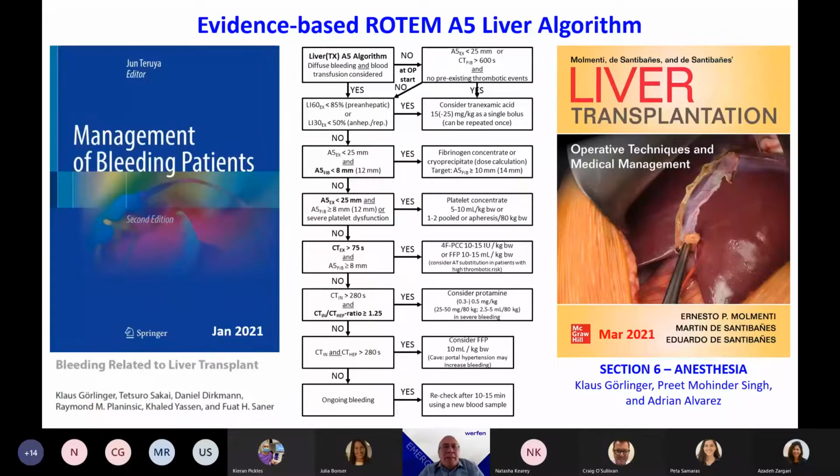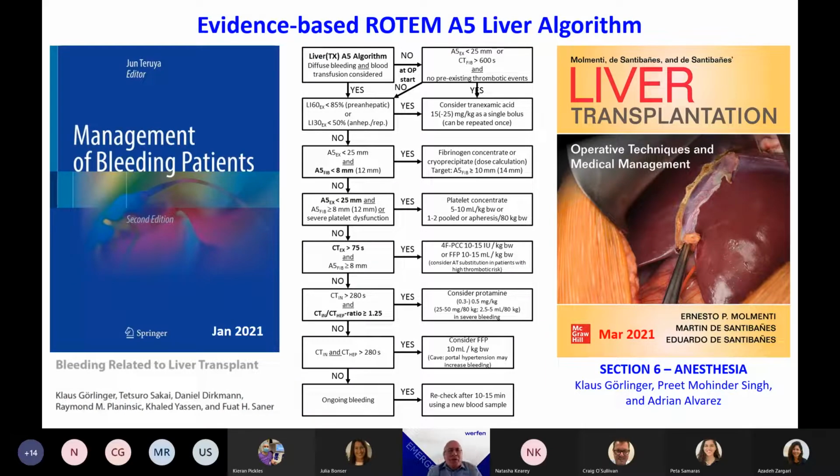That's just an example here, which is published in several textbooks, like the textbook from Yuntaruya from Houston about management of bleeding patients, and also Liver Transplant Atlas, just published more or less 1 year ago. It's always using more or less the same concept.